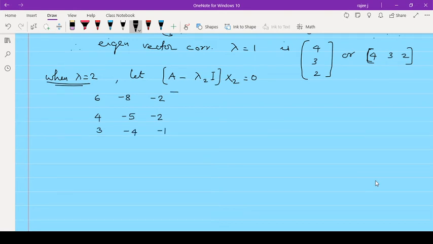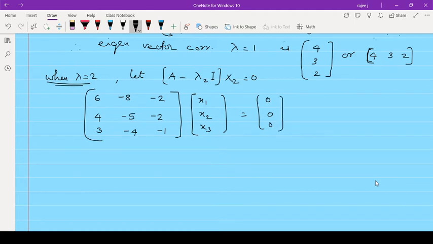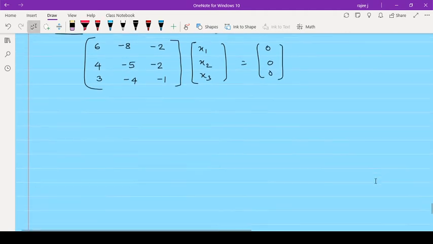This is the coefficient matrix: 6 minus 8 minus 2, 4 minus 5 minus 2, 3 minus 4 minus 1, into x1, x2, x3 equal to 0, 0, 0. Now again the same process.